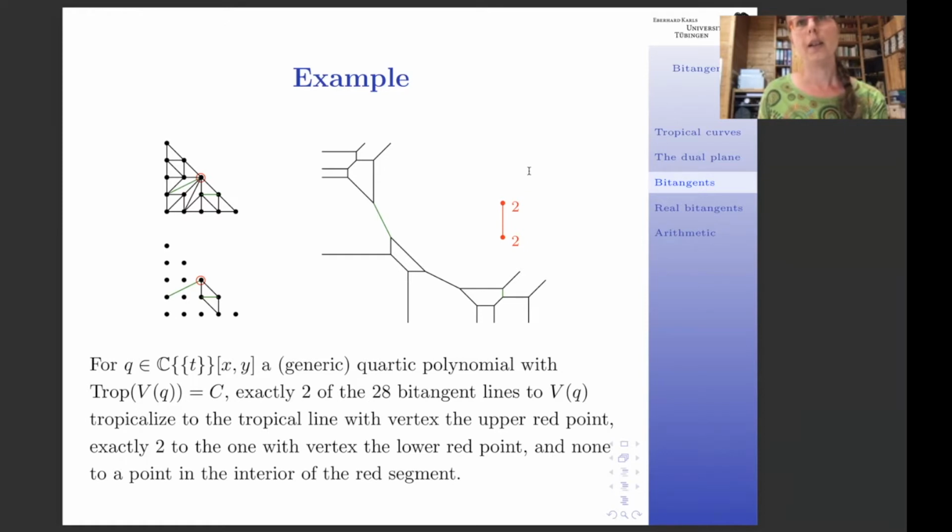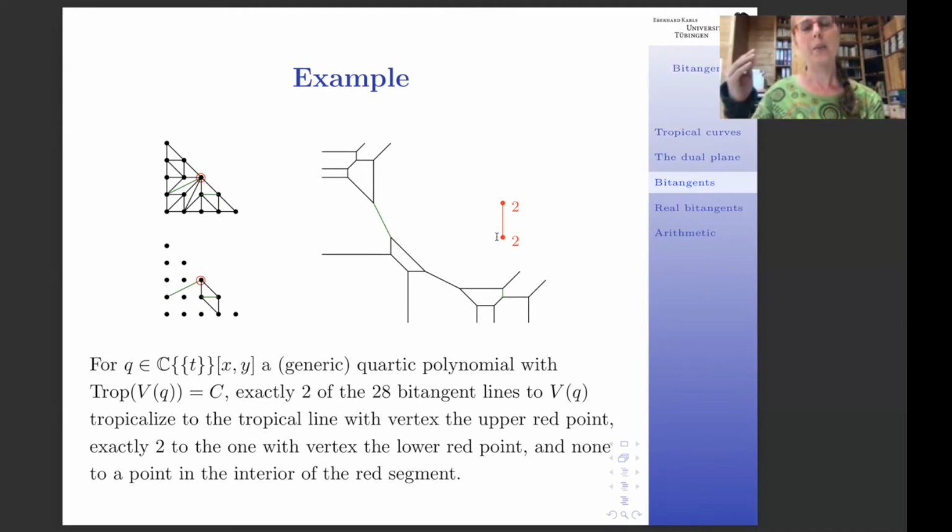Horizontal ray, vertical ray, diagonal ray. And exactly 2 will be mapped to the lower one, okay? Horizontal ray here, vertical ray here, diagonal ray here. And nobody is going to be mapped to any point in the interior. Yeah, what I'm saying here is that this tropical bitangent class has 4 lifts.